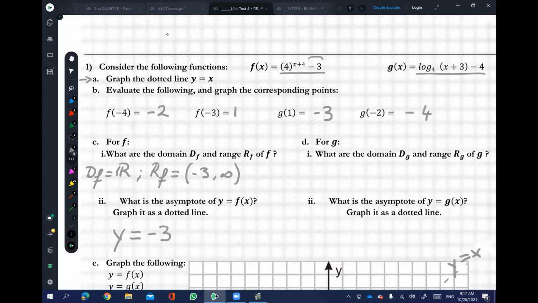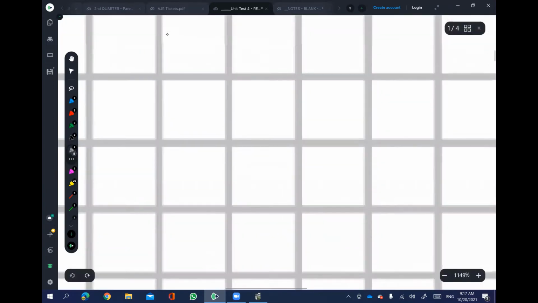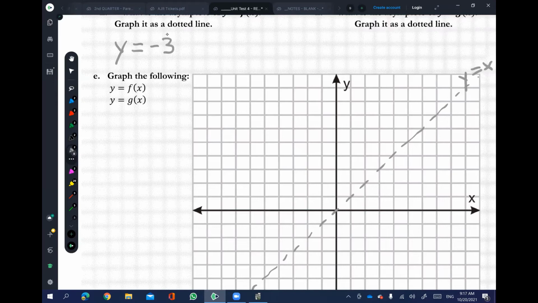Let's do the first part of E and graph this function. First, graph this as a dotted line, -3. I'm going to use different colors. So -3 is here. I'm going to have a dotted line right here.